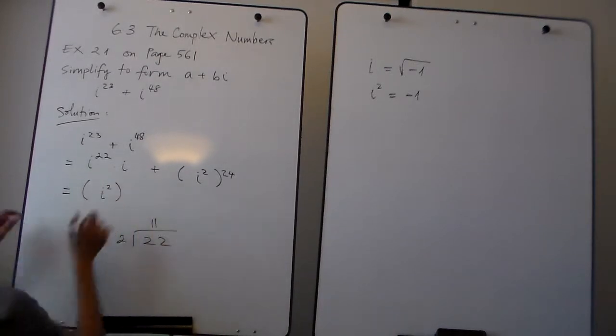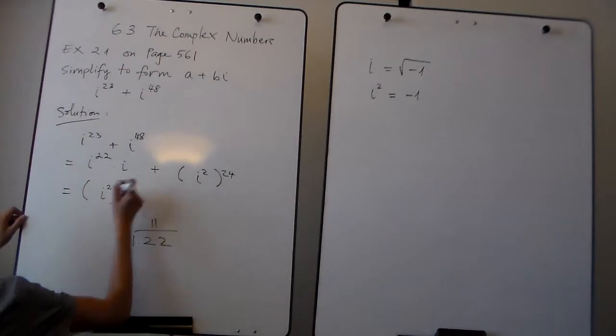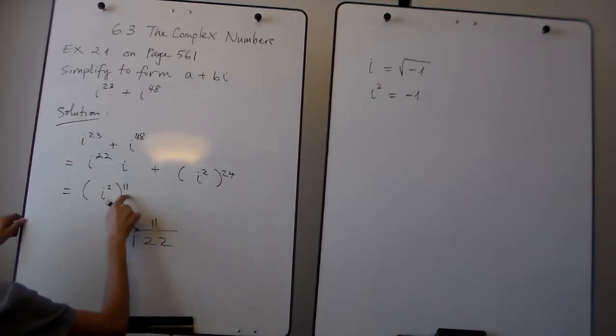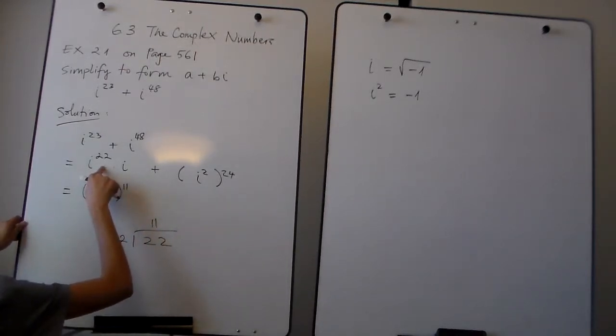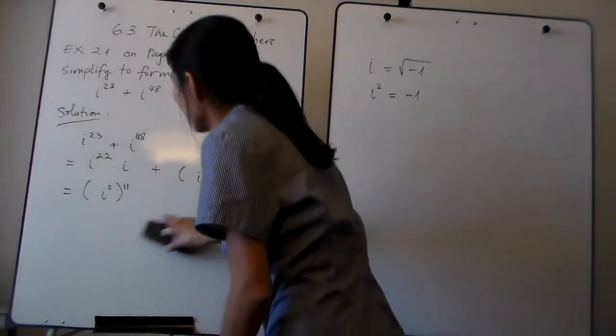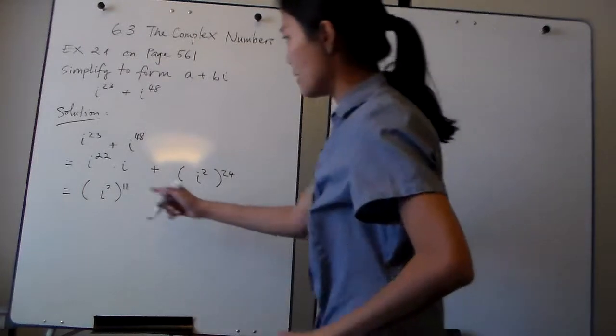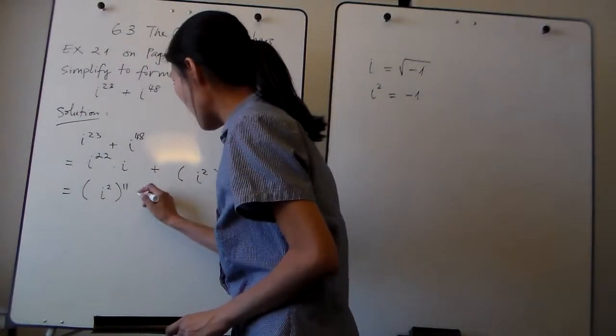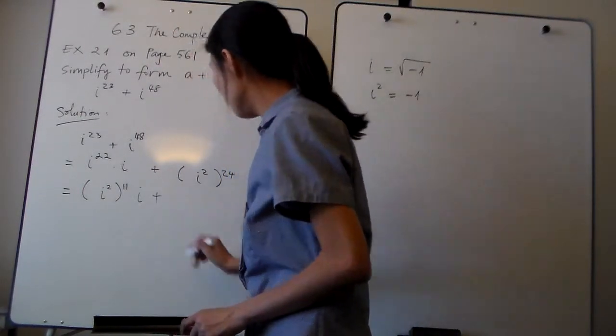So the outer exponent is 11. And you can test it: 2 times 11 is 22, the original exponent. Then this i goes here as times i, plus goes here.